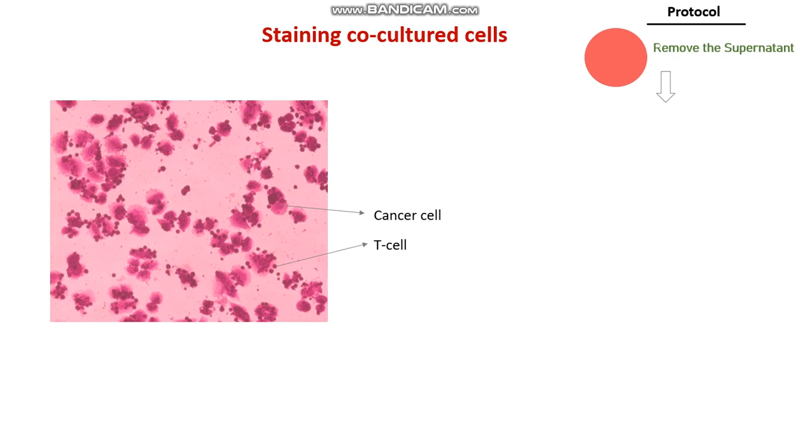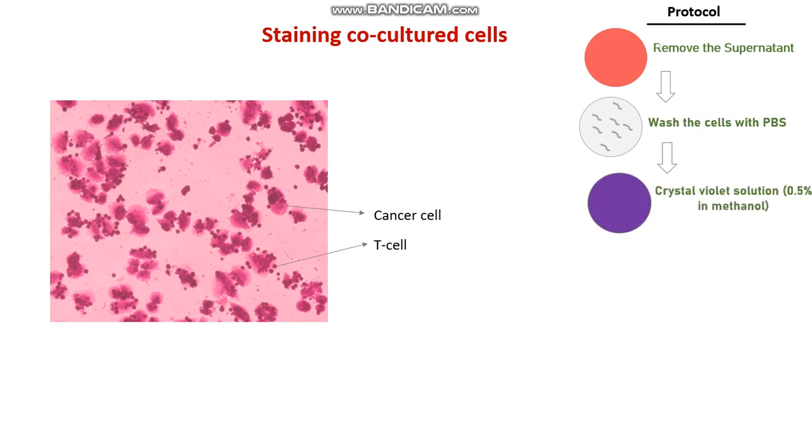Before the staining step, you need to remove the supernatant and then wash the cells with PBS. Then the crystal violet solution needs to be prepared as 0.5% crystal violet in methanol. When you use methanol, the cells will be fixed at the same time, and you can store it at 4 degrees centigrade for future use.